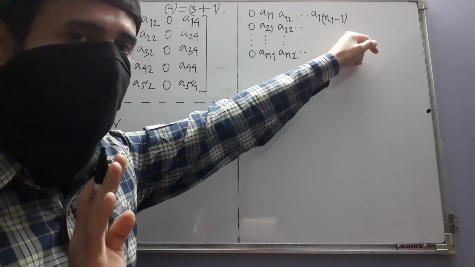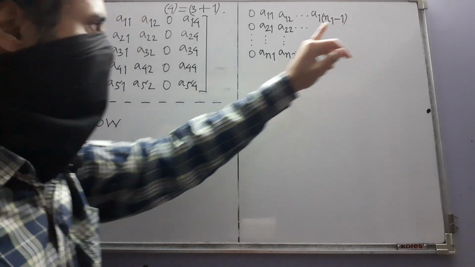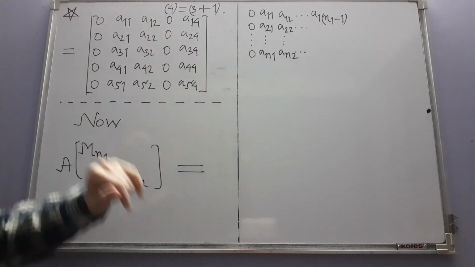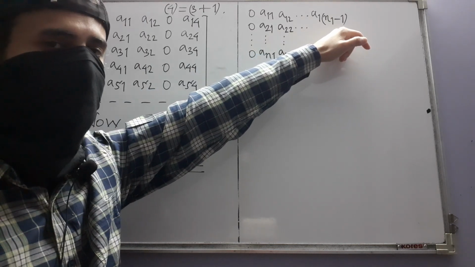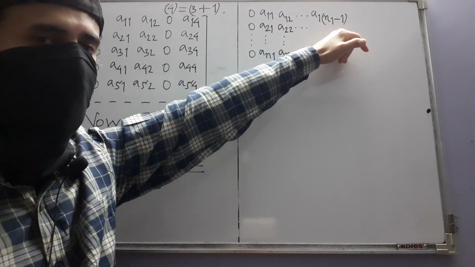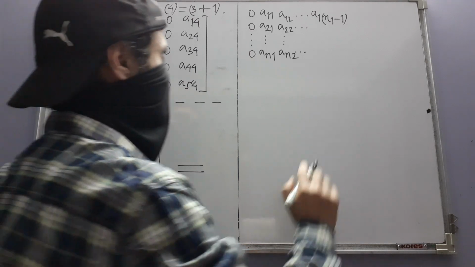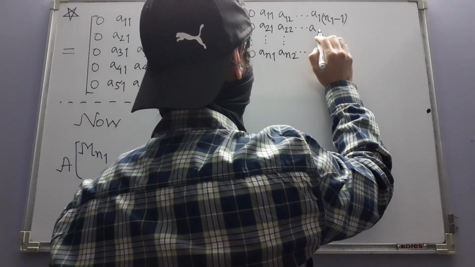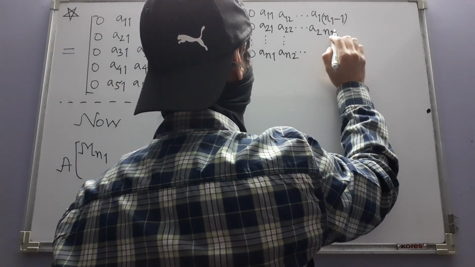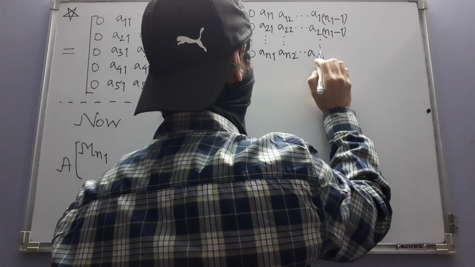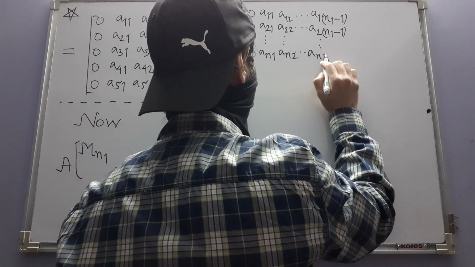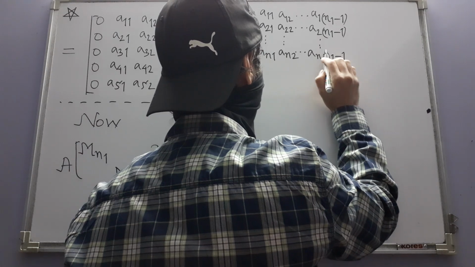This doesn't mean multiplication. Just like here we are not multiplying 1 and 2, there also this is the first index and that is the second index. Suffix, index, anything you can call it. Just like that, A2 N1 minus 1, An N1 minus 1.